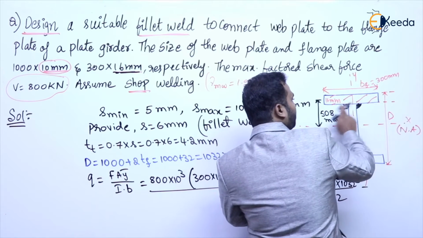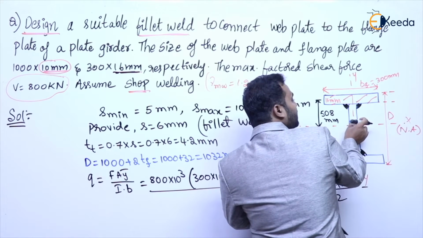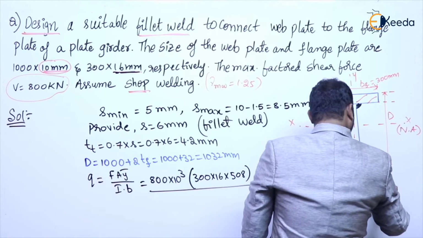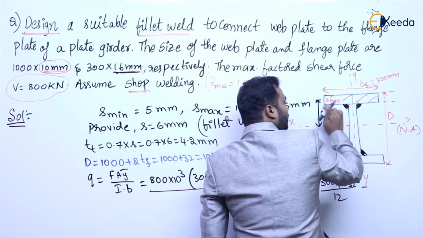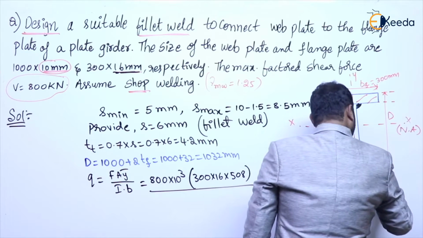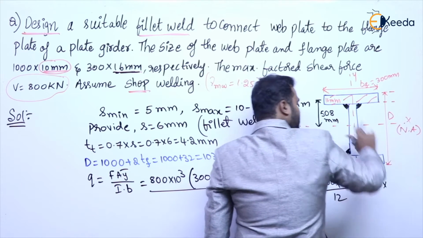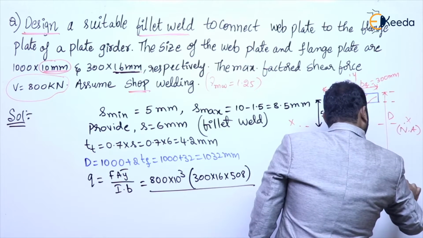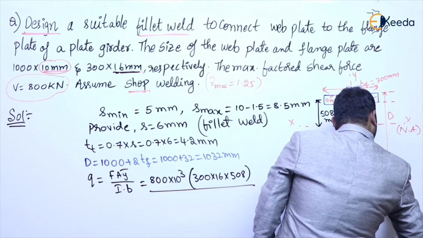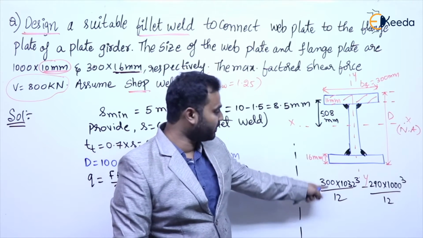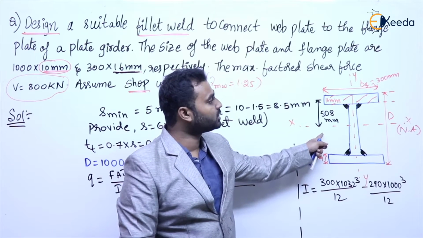From the total width, subtract the thickness of the web. The thickness of the web is 10 mm, so 300 minus 10 comes out to be 290. 290 into the depth of 1000, so 1000 cubed upon 12. By simplifying this calculation, we'll get the moment of inertia of this I section.